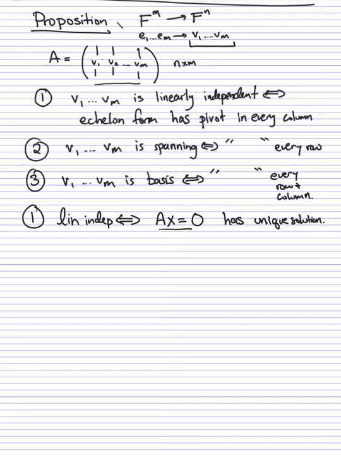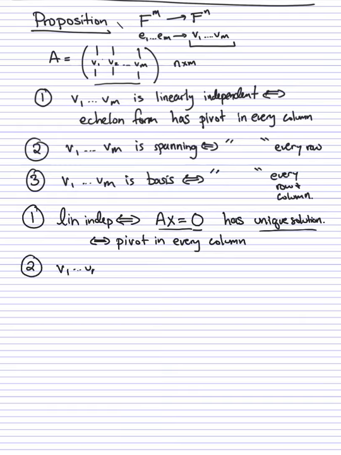And a unique solution was the condition that we had a pivot in every column. So that's just a translation of that statement for the specific vector 0.